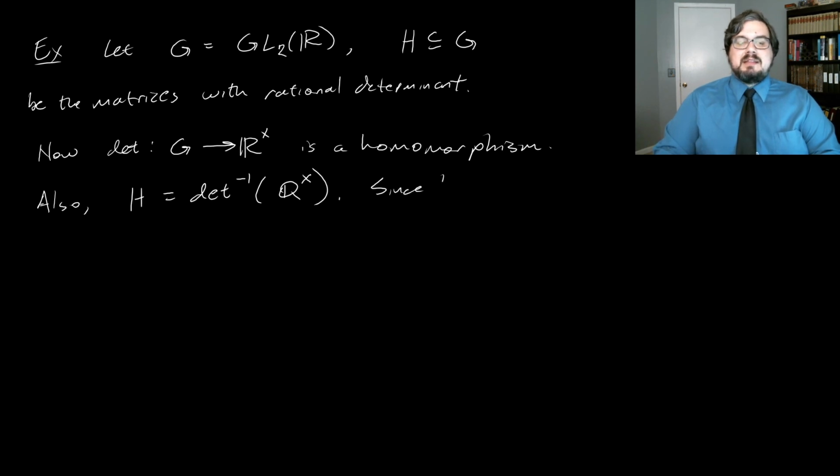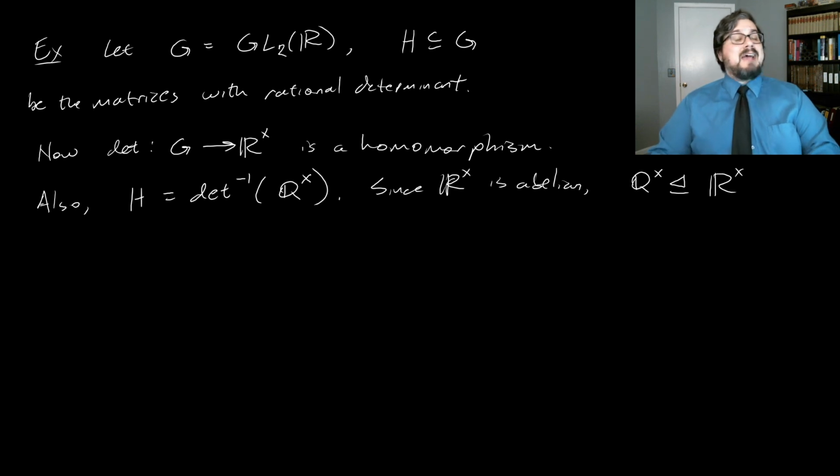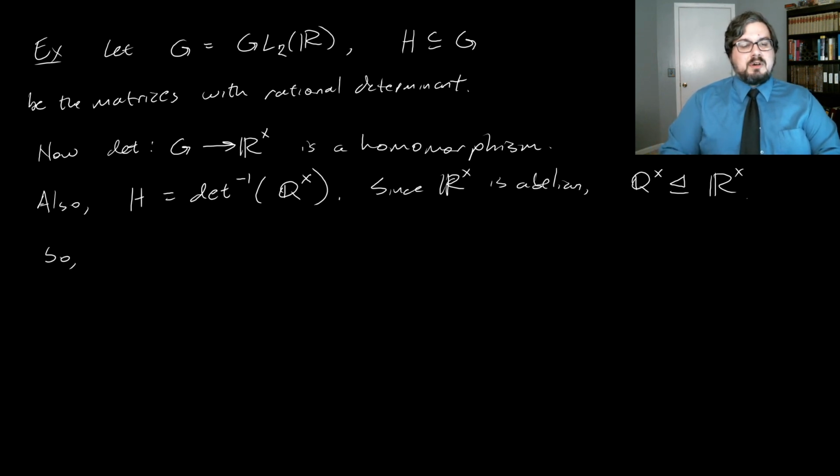Now, since R cross is abelian, we know that Q cross is a normal subgroup of R cross, because every subgroup of an abelian group is normal. So that means that H is a normal subgroup of G by theorem 71.